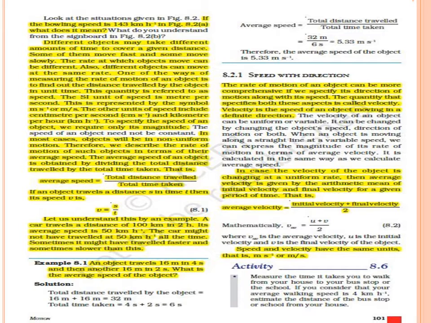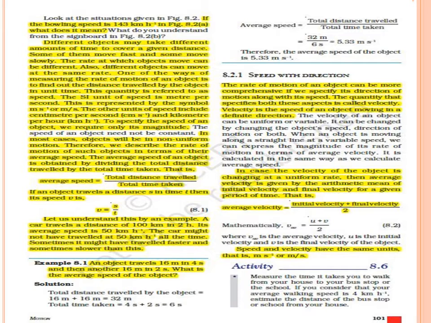So velocity is nothing but speed, but here the concept of direction will come, that is, the body must have moved in a specific or definite direction. In case the velocity of the object is changing at a uniform rate, then average velocity is given by the arithmetic mean of initial velocity and final velocity for a given period of time.